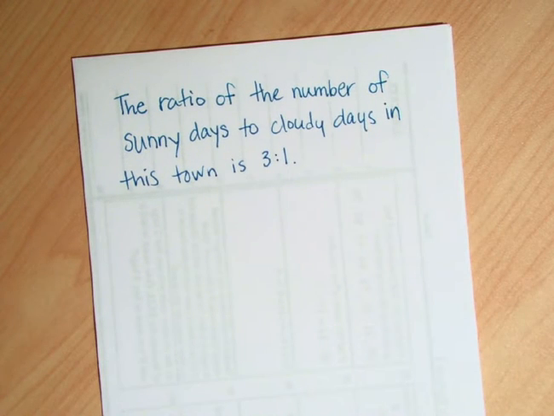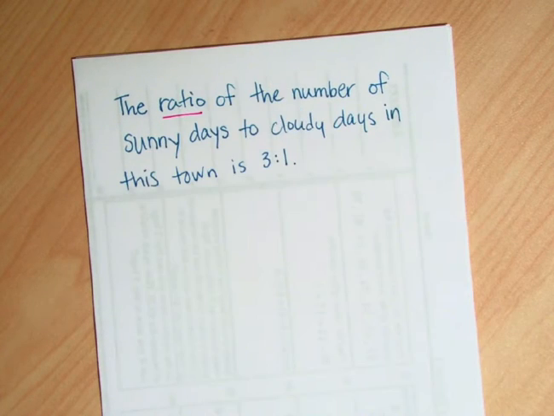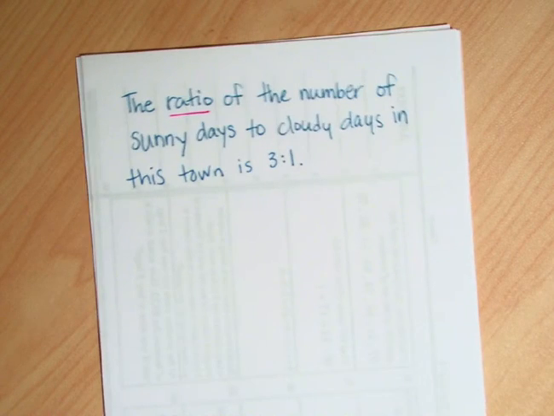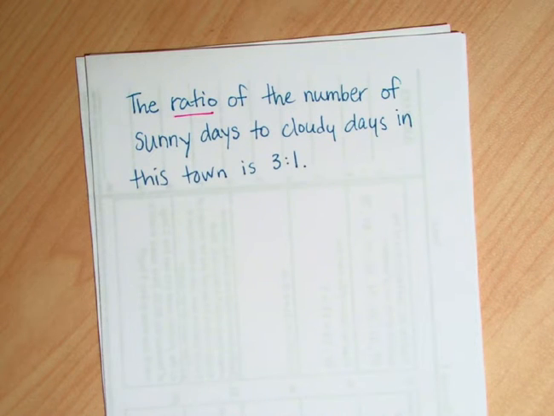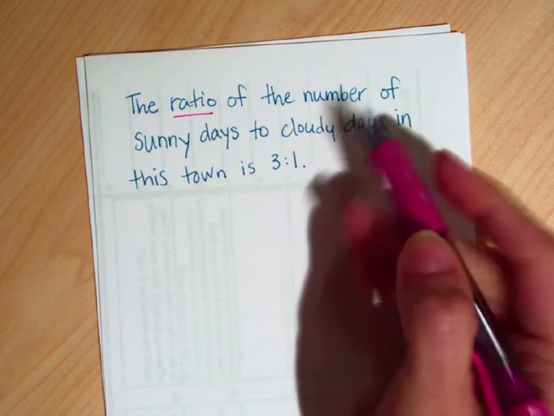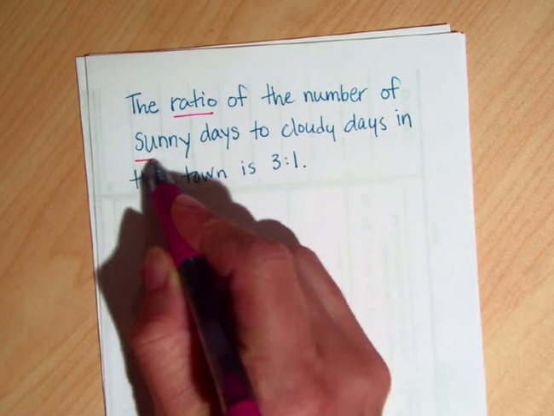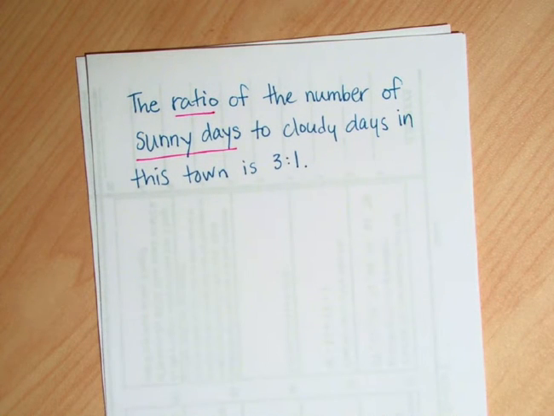Now, some important things that you want to make sure that you have in any ratio sentence or story problem that you come up with is, first of all, the ratio. So you need to make sure that in your sentence that you're going to write in a moment that you have the ratio of the number of one thing, whatever thing you pick. You can pick soccer like we did a couple days ago.